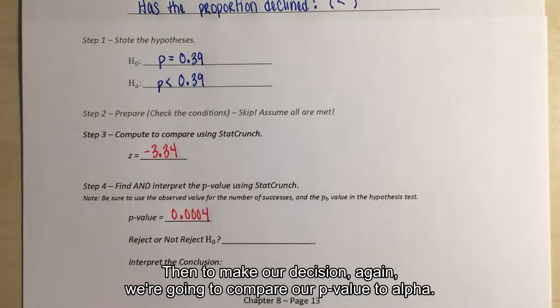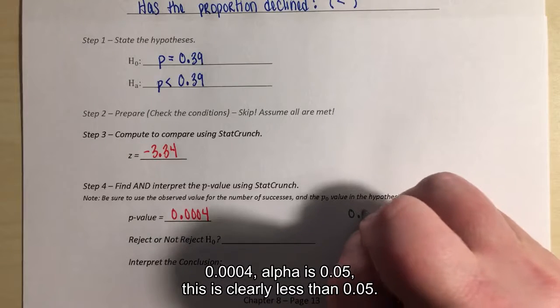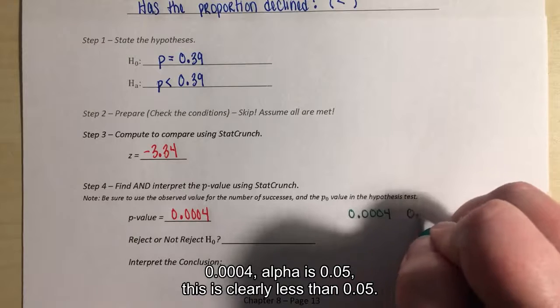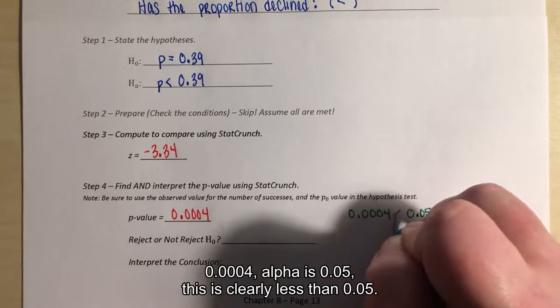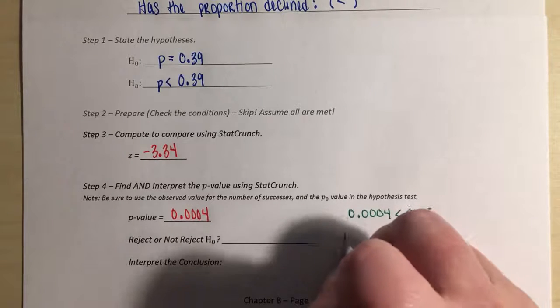Right, so then to make our decision, again, we're going to compare our p-value to alpha. 0.0004, alpha is 0.05, right? This is clearly less than 0.05.